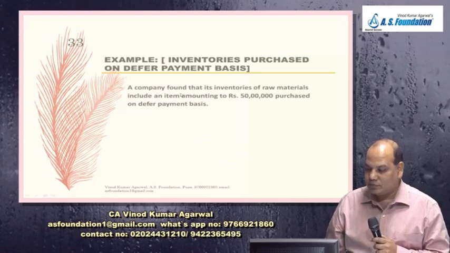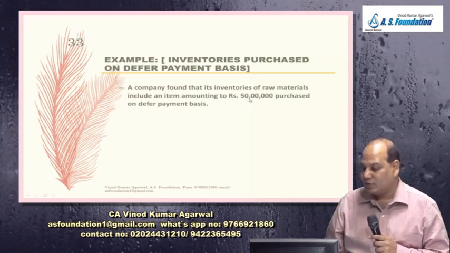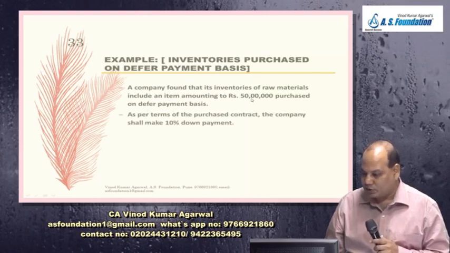The company found that its inventory of raw material include an item amounting to rupees 50 lakhs or 5 million purchased on deferred payment basis. Purchase on deferred payment basis means it might be including some interest component also.